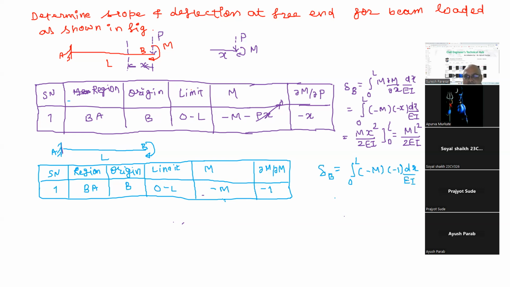And this will directly be Mx upon EI from 0 to L. And that will be ML upon EI. Sorry, not delta B, this will be theta B, because the derivative is with respect to moment.